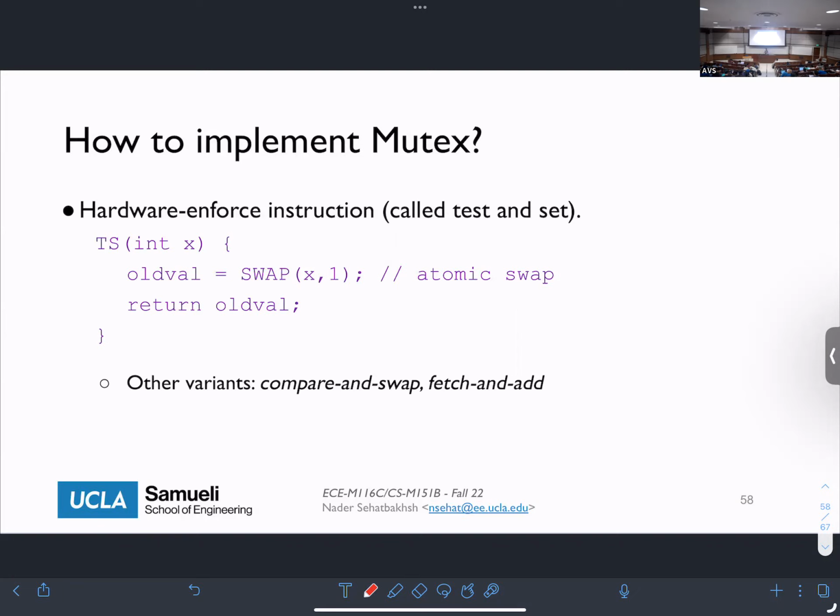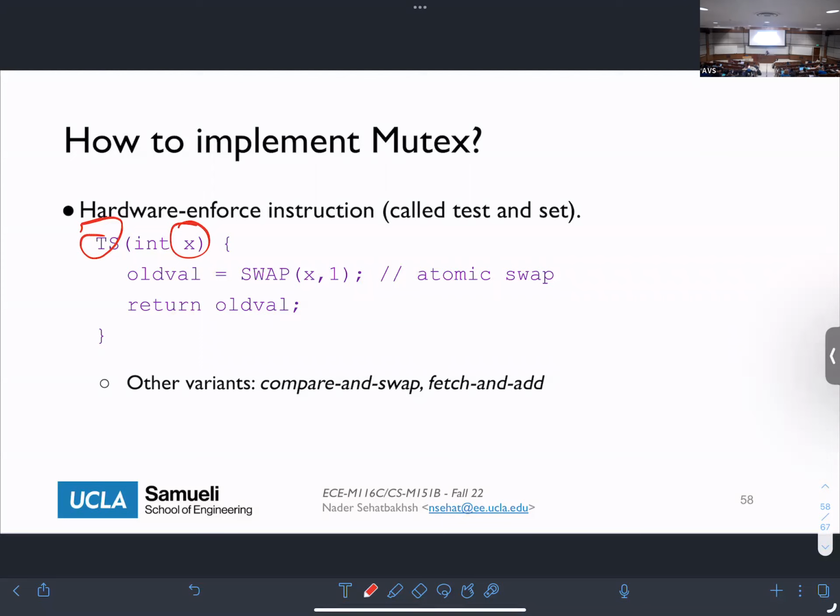There are a bunch of different ways of doing this. There is what we call compare and swap, or fetch and add, or test and set. The one that I'm going to describe is test and set, but the other two are also very, very similar. So the idea is that this test and set function, which is the implementation of the acquire, is going to get this x, which is basically our lock.